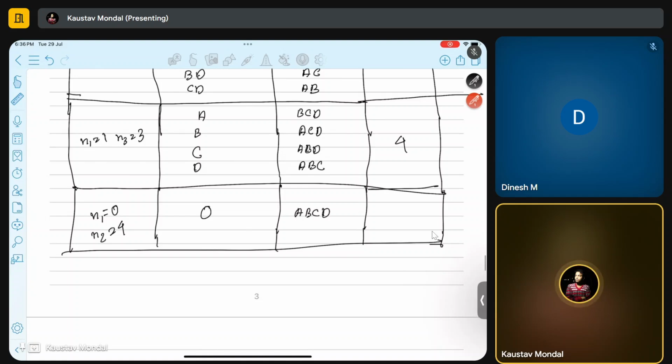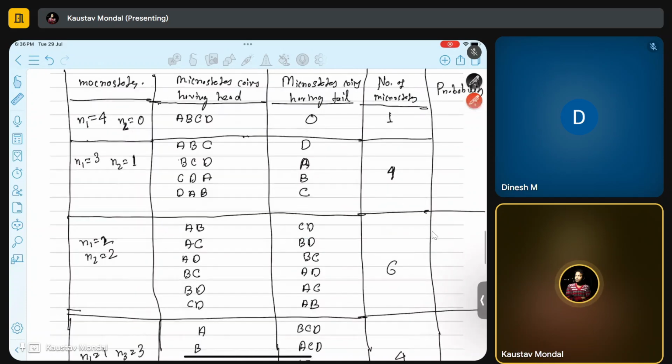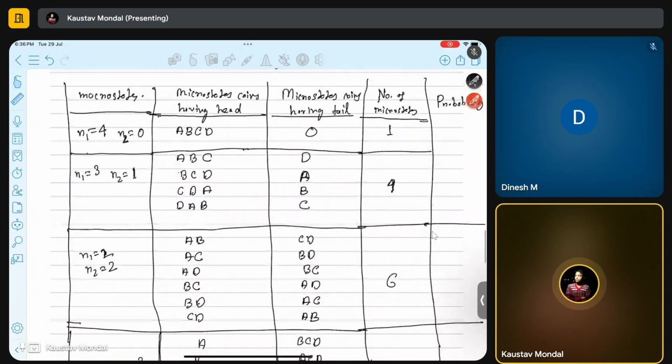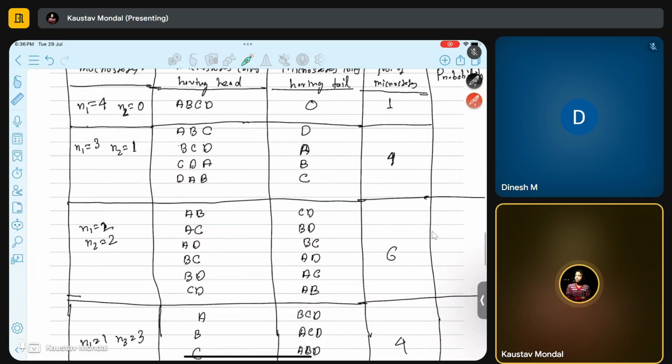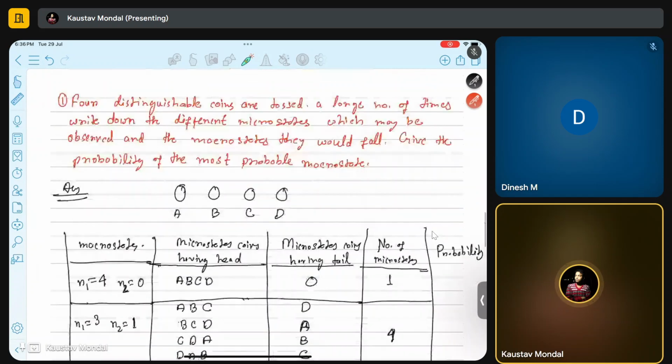So this is 1, which, as you can see, is just the opposite of what we had in the first macro state. Okay, so these are all the possible macro states that come up when you toss 4 different coins and measure the probabilities over a very large number of experiments performed under the same conditions.